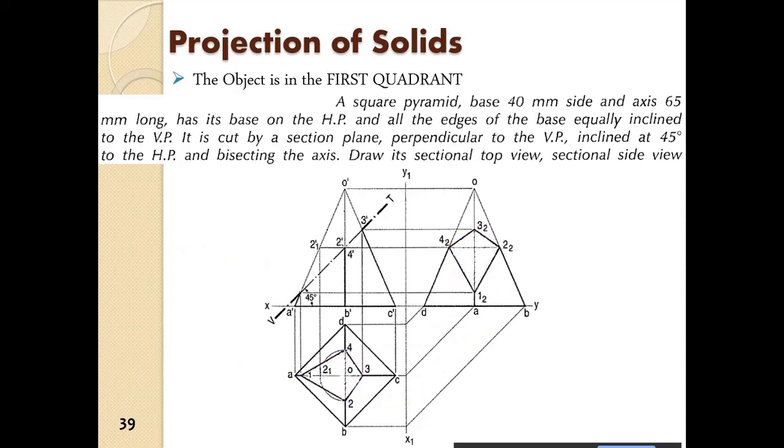So this concept you keep in mind. Okay, so here, actually from here you have to project it like this. From here you have to project it like this. Okay, so we have the plane of intersection. Okay, front view, top view, and side view.